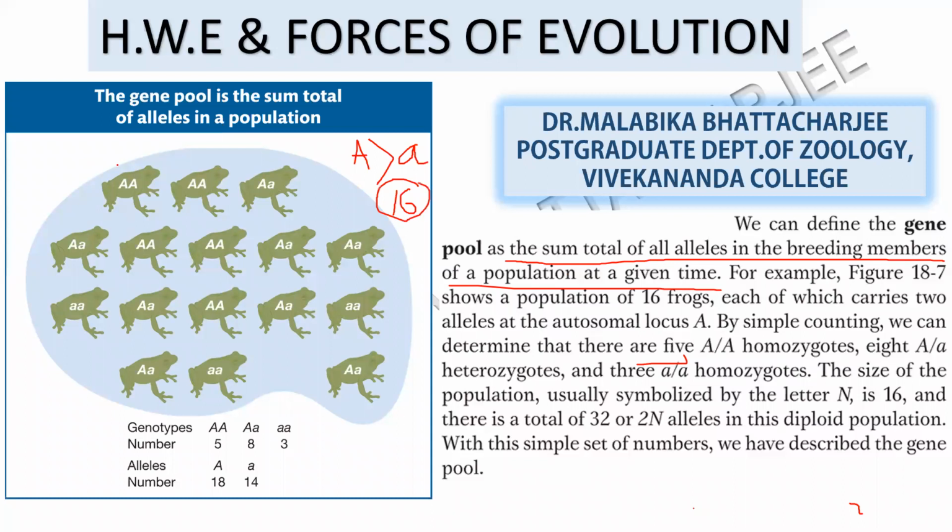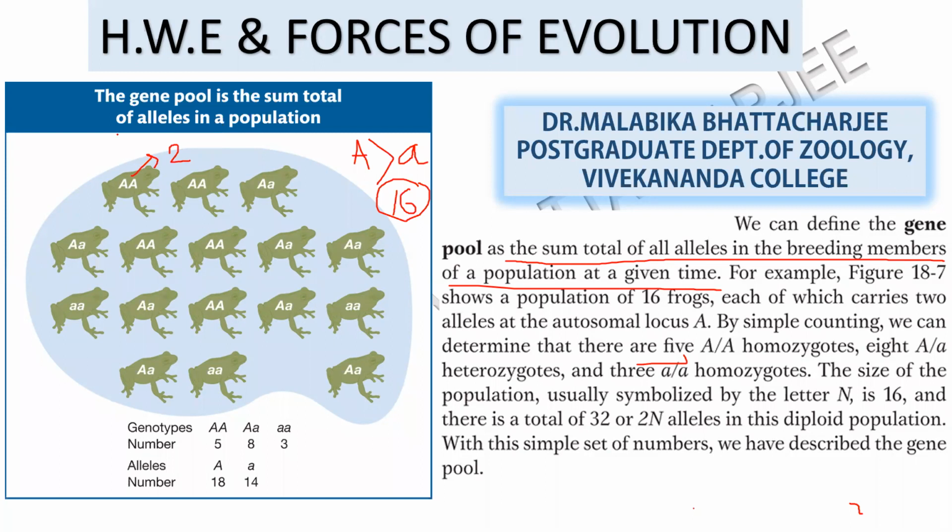Each frog contains two alleles. They may be capital A, they may be small a, but each frog contains two alleles in any combination.